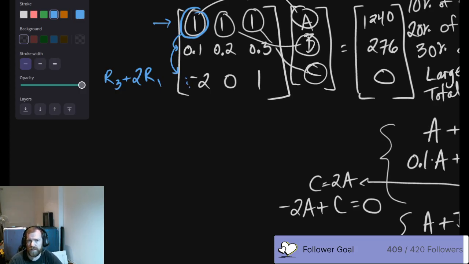So we want this gone. That's how we ensure that we're going to get rid of it. And same thing for row 2. We take row 2, and in fact, let's take 10 times row 2, and then subtract row 1 from it.